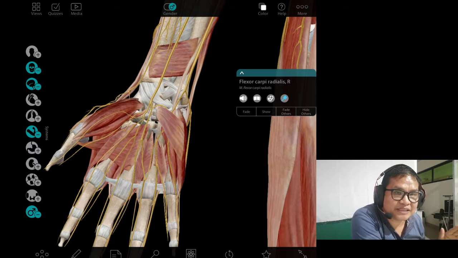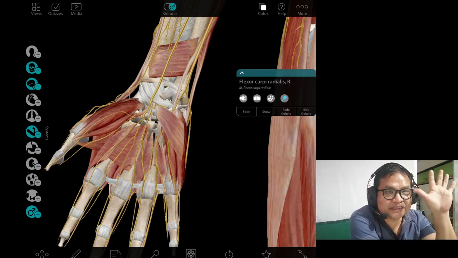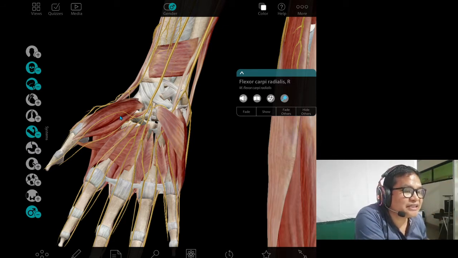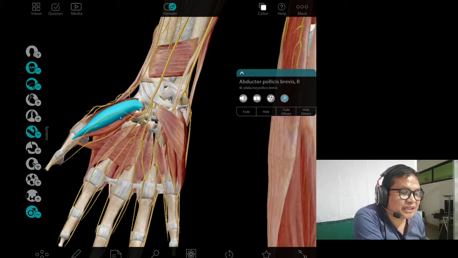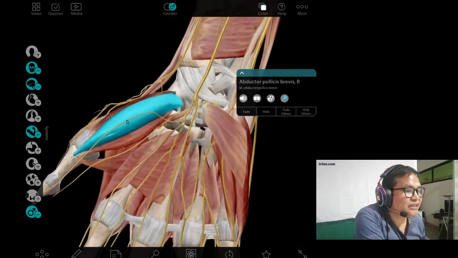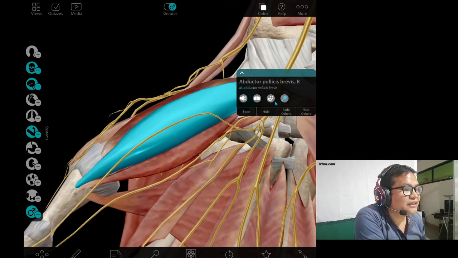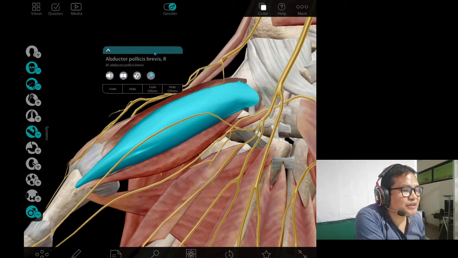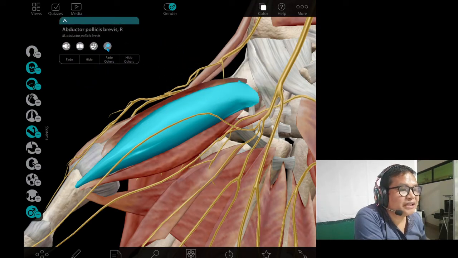Let's start from the thumb. Here we have the intrinsic muscles of the thumb. We have the abductor pollicis. Again, from the word abductor, its primary function is to abduct the thumb.